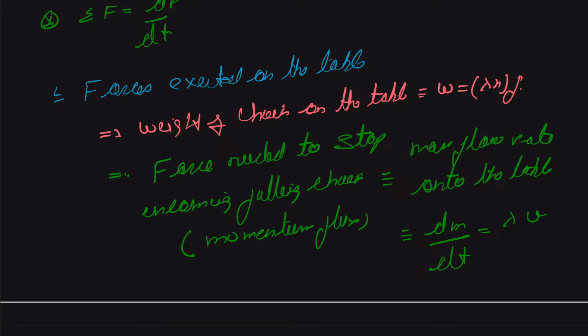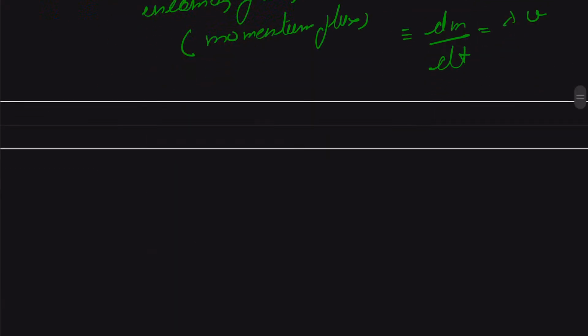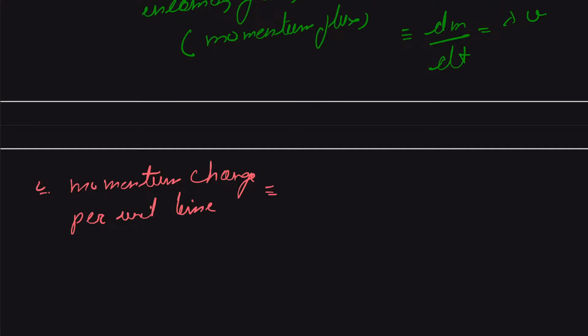Now we can find out the momentum change per unit time. We can call this F momentum, which will be equal to dm by dt multiplied by velocity v, and dm by dt we just calculated, so this comes as lambda v squared.